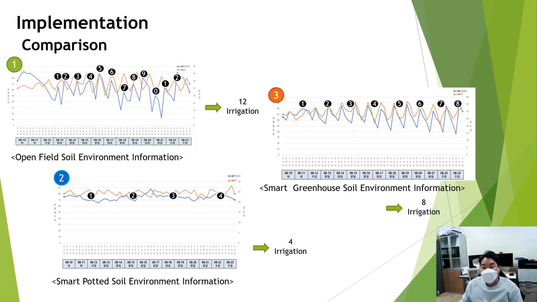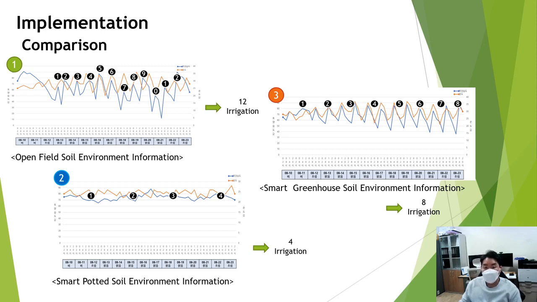Analysis of visual graphs through three scenarios shows that the humidity value and temperature value of the soil were different even if the regions were the same in the case of figure 1. The soil information in the field environments was not significantly different between the temperature and soil humidity on rainy days.